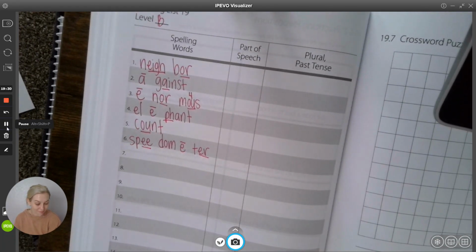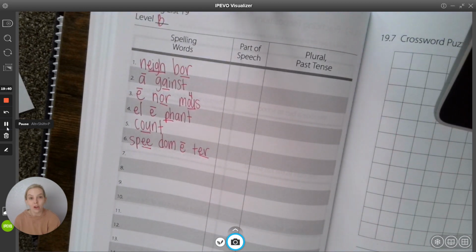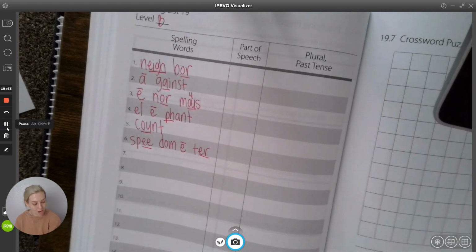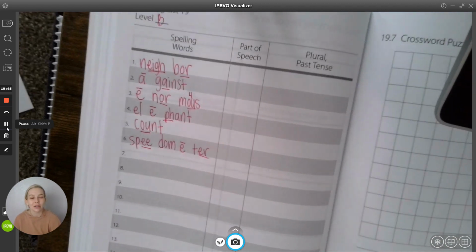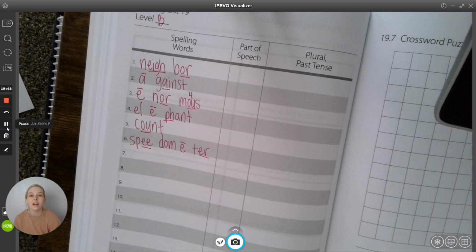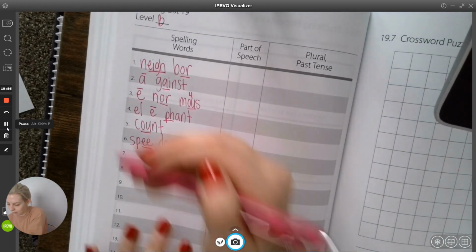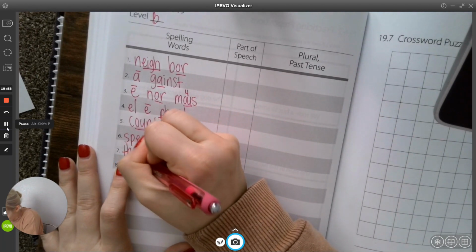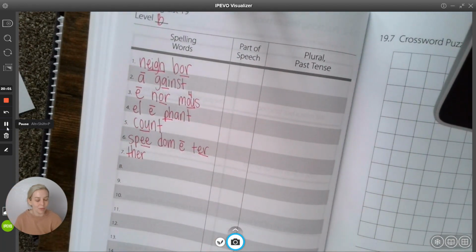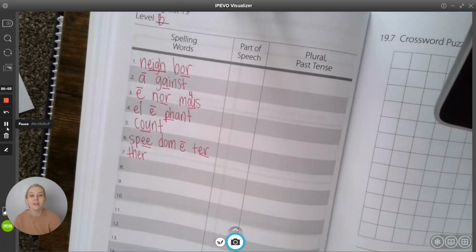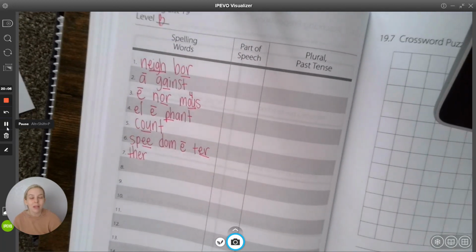Number 7, another big word, thermometer. Use the thermometer to see if the meat is done. 4 syllables in thermometer. Let's sound out the first one, thir, finger spell, er. Second syllable is mom. Sound it out. Ah, finger spell.